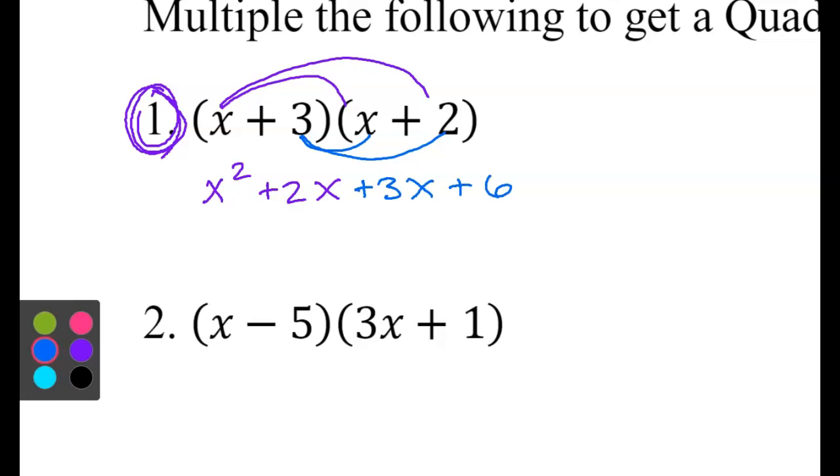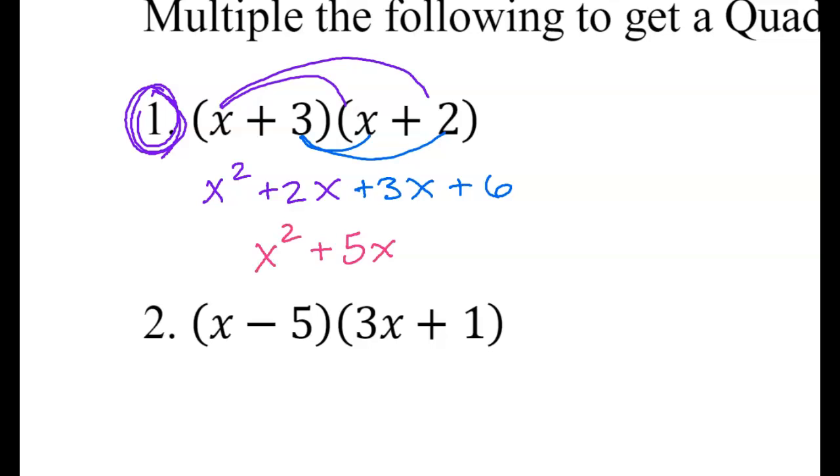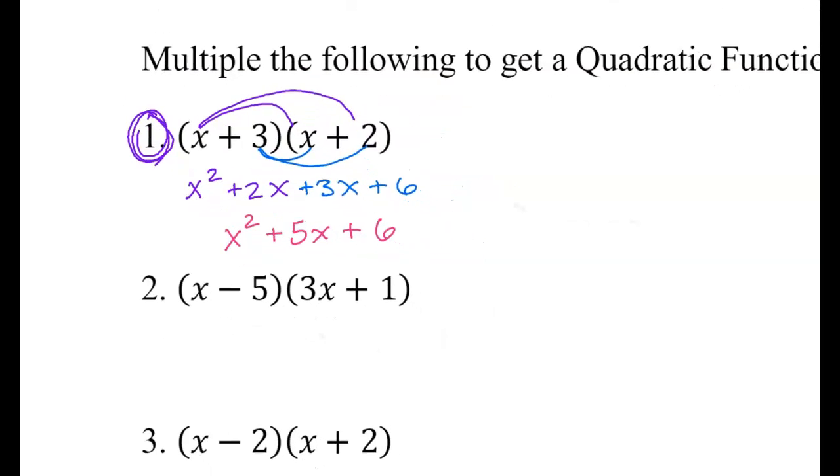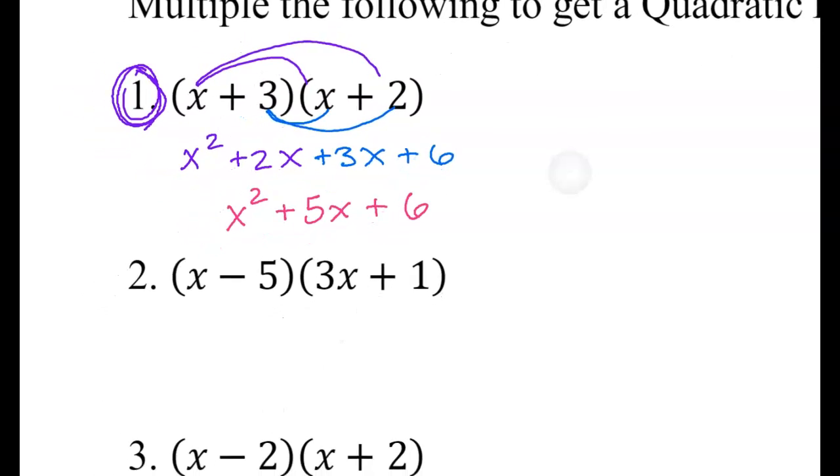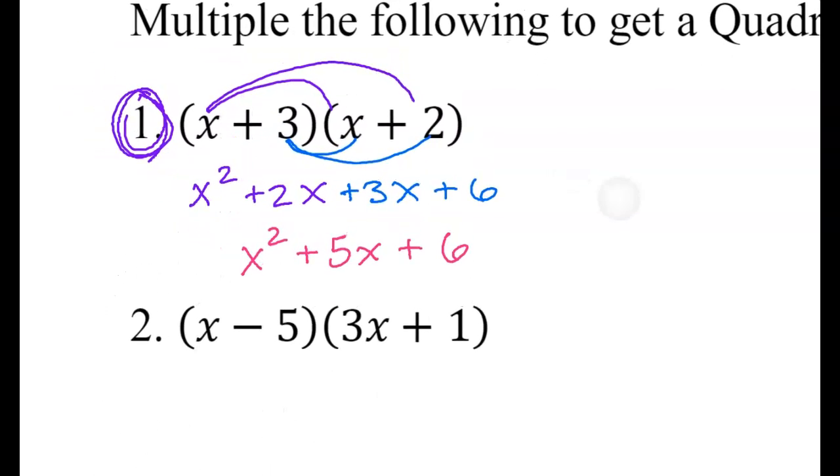And then we just have to add the two middle terms to create our b value. So 2 plus 3 is 5. Bring down the squared term and the constant. We're done. We have found the quadratic expression. I know they say quadratic function, but it only has one variable, so this is an expression.